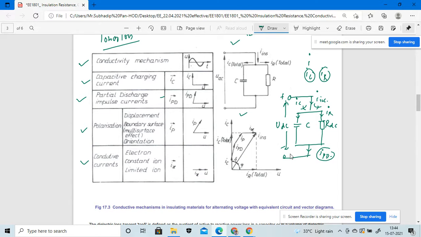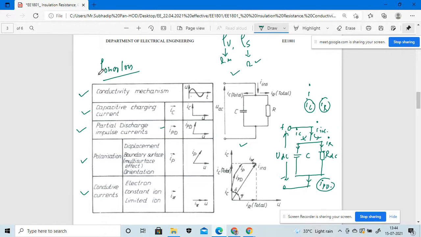So the different currents to be considered for the power loss of the equivalent circuit are the capacitor current IC, the partial discharge current I of PD, the polarized current IP, and the conductive current due to the conductivity.